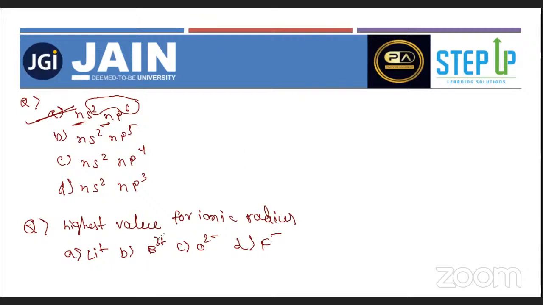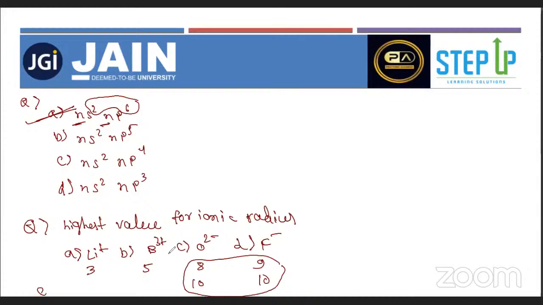Okay. So which will have the highest ionic radius here? First of all, the atomic numbers I'm writing are 3, 5, 8, and 9. If you see the number of electrons here, this is 10 and this is 10. So these two are isoelectronic species.